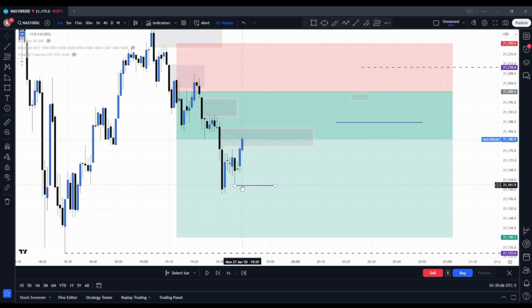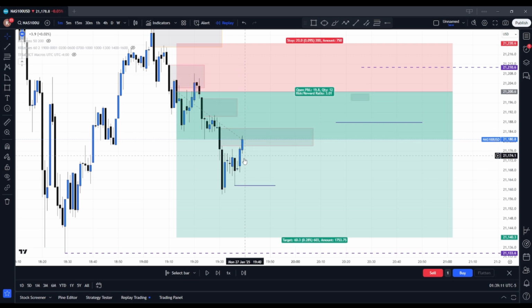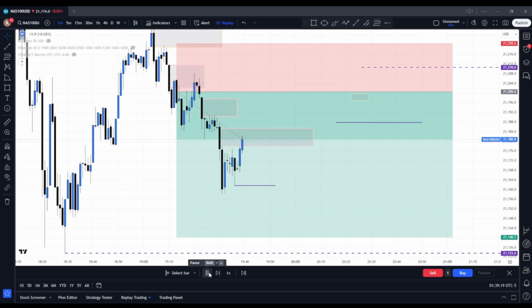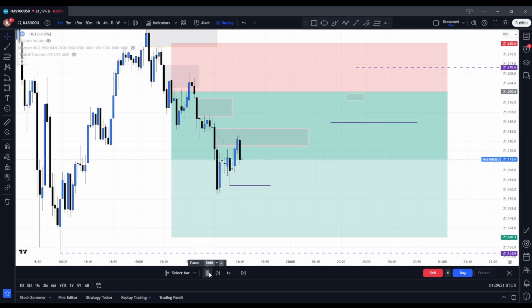At this point, I'm marking out more sell side liquidity levels that the market could potentially reach down to. Now we're just reaching about 50% encroachment of the fair value gap, still respecting that bearish order flow, which is what I want to see.